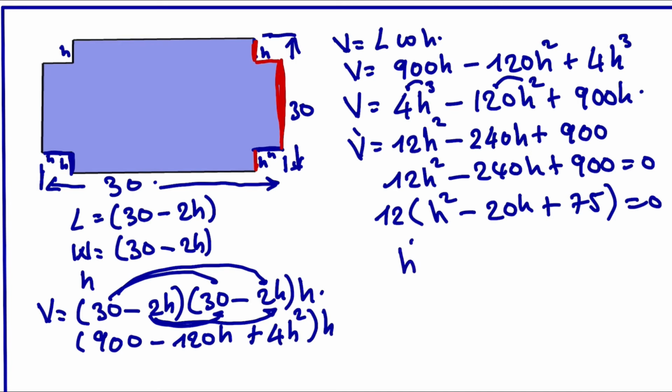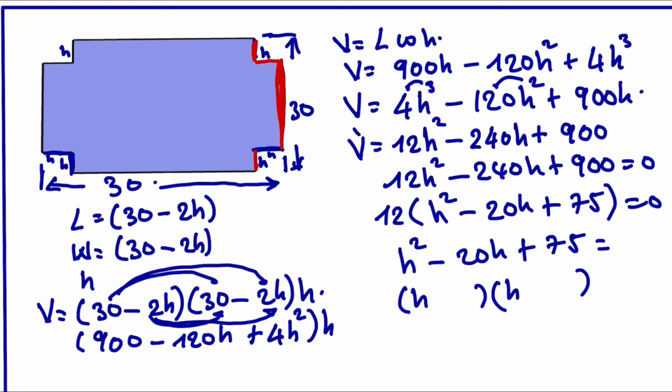The essence of this equation is to get the value of the height that will enable us to have the maximum volume. If we use factorization, we think of two numbers that when we add them together give us minus 20, and when we multiply them give us 75. It's going to be h minus 15 times h minus 5 equal to 0. So h will be equal to 15, or h equals 5.